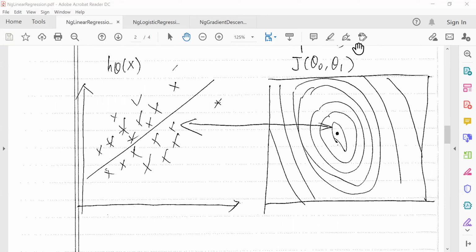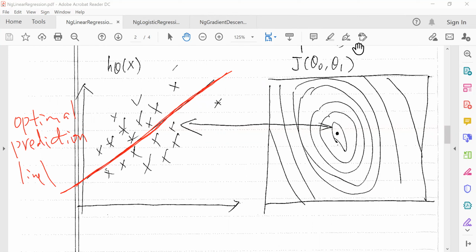Over here it shows that our goal is to find this line, our optimal prediction line. But you may start with something like this, all sorts of lines.